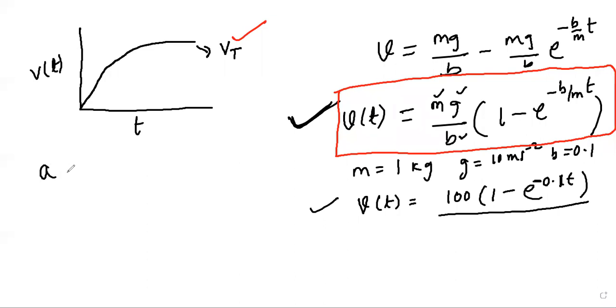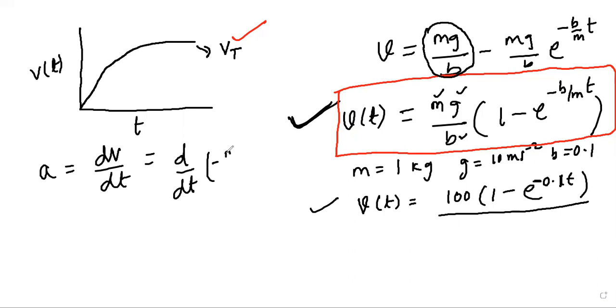So acceleration as a function of time is dv by dt, so that will give me d by dt of this term, which will be 0. This is a constant term, and the remaining I can write. So d by dt of this is minus mg by b e to the power minus b by m t, right?